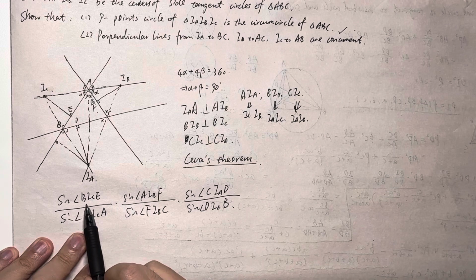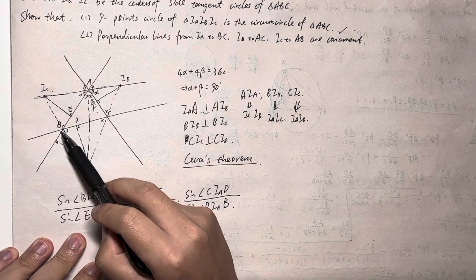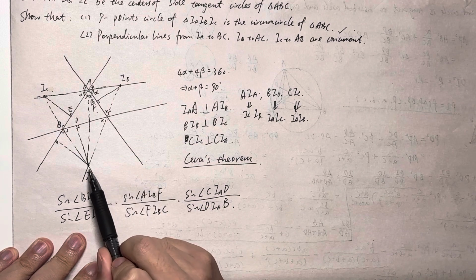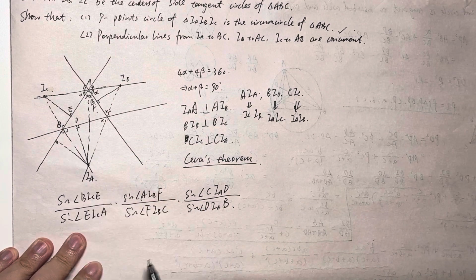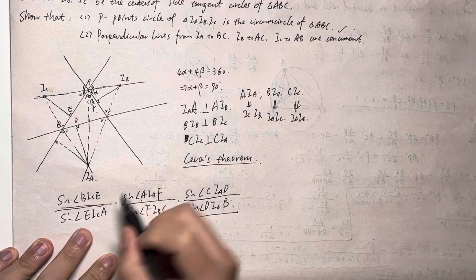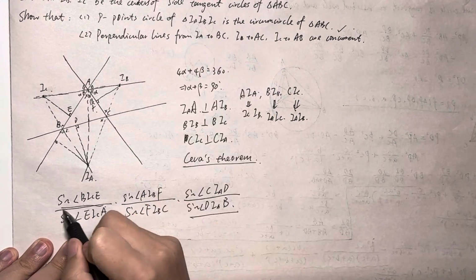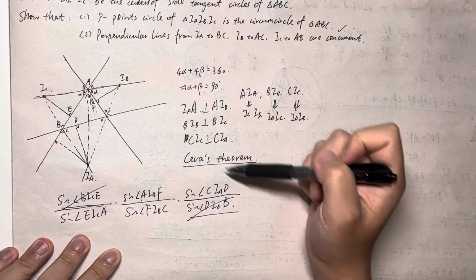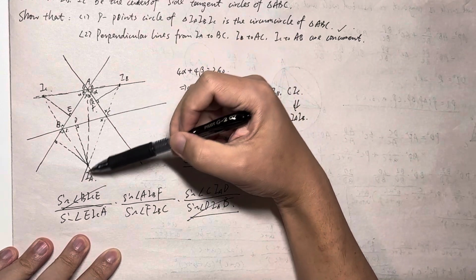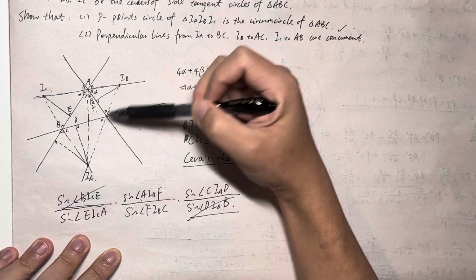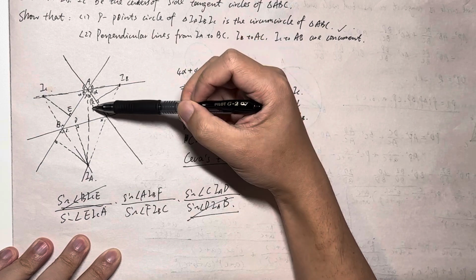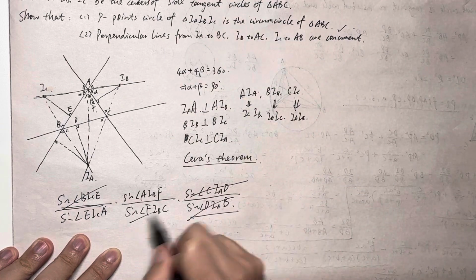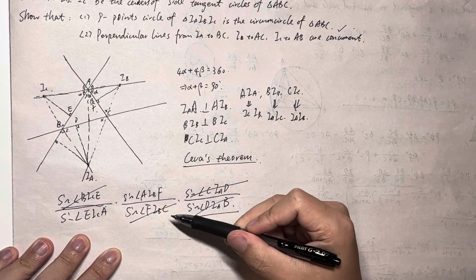So look at here, the angle BIC E is actually equal to the angle DIA B, right? Because this angle equals this angle, so these two cancel. And the angle CIA D, this one actually equals this one, which is FIB C, right? So this one and this one are equal, right?